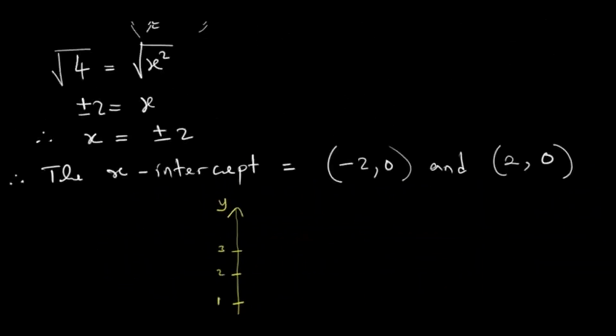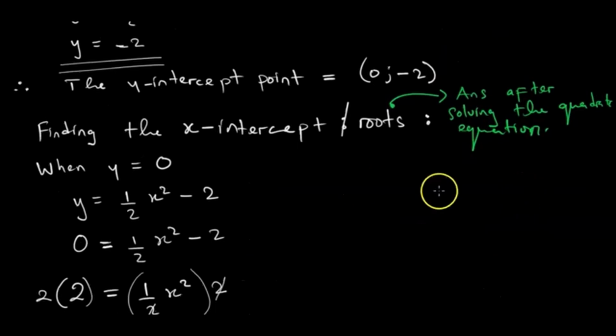After doing so, we go and find out what the y-intercept point is. The y-intercept point is our turning point. This is the point where our curve is going to make a turn.